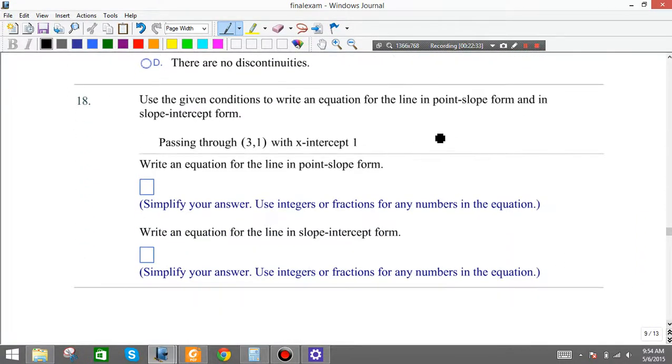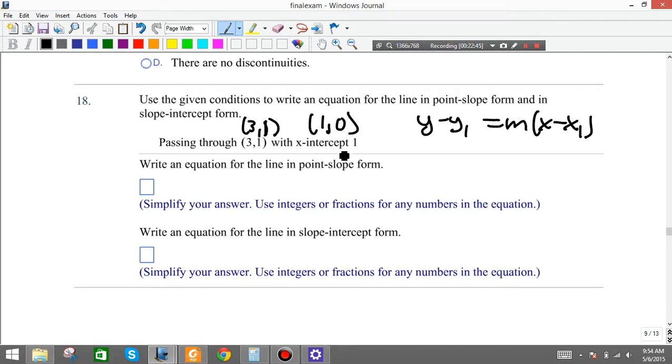Lines: y minus y1 equals m times x minus x1. This is the point 3,1, and this is the point 1,0. The point we're going to use is x1 is 1 and y1 is 0.